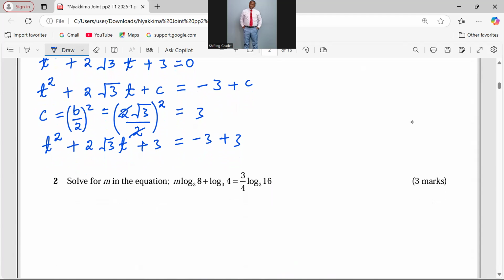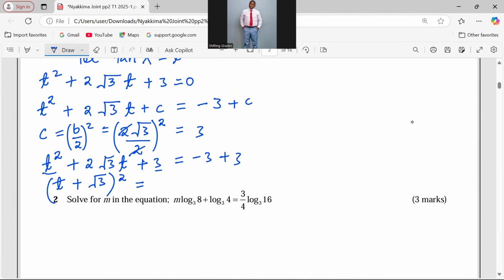If a quadratic expression is a perfect square, this is how we factorize it: we take the square root of the first part, the square root of t squared is t, then the sign which follows, which is a plus, and the square root of the constant part, root 3, all squared. This equals, when we combine the right-hand side, 0.